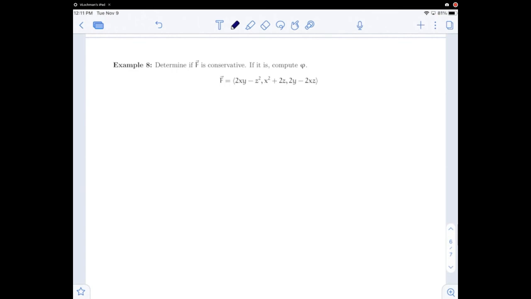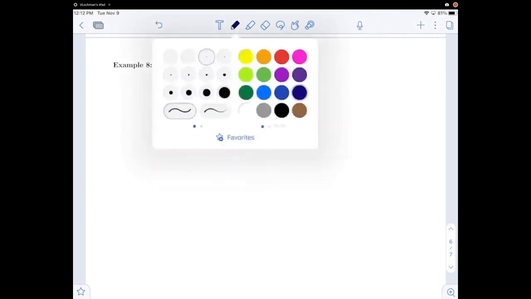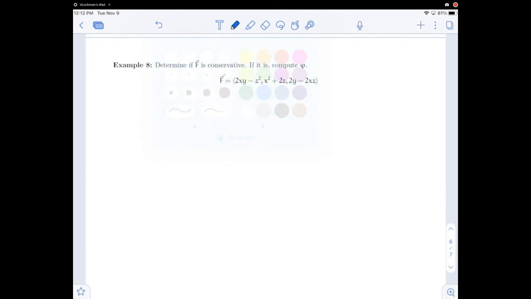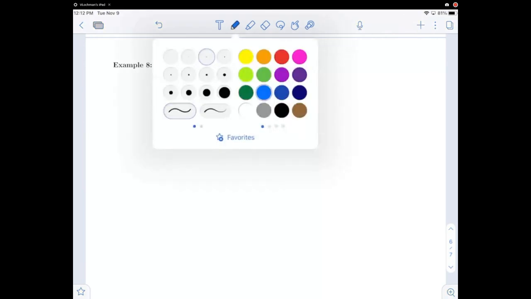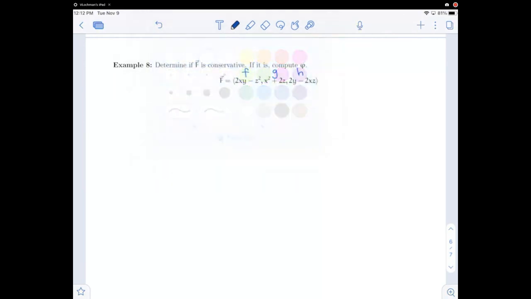All right, so what do we need to show here? Let's go ahead and label our functions as f, g, and h. We need to show the following. Partial of f with respect to y is the same as partial of g with respect to x. That's one equation.